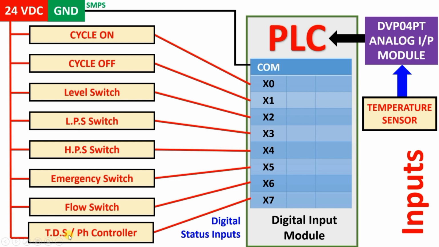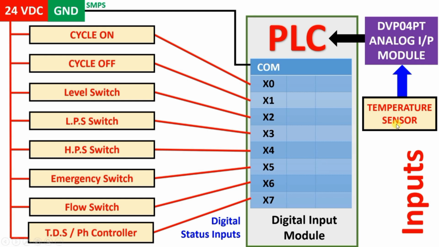And that controller has relay contacts like common, NO and NC. So we can use those contacts of the controller to give a signal to the PLC. For example, if the pH is higher than our set pH in the controller, then its common and NO terminal will get activated. So it is kind of a switch only. So it will give a signal to our PLC. Same for the TDS. Okay. So in this way, these are the different sensors generally used in industry.